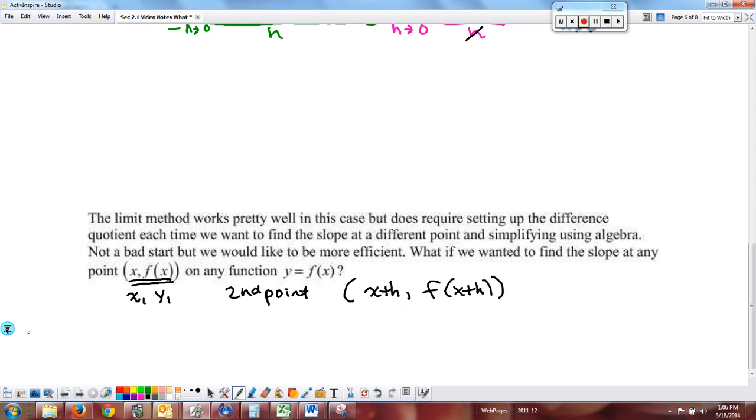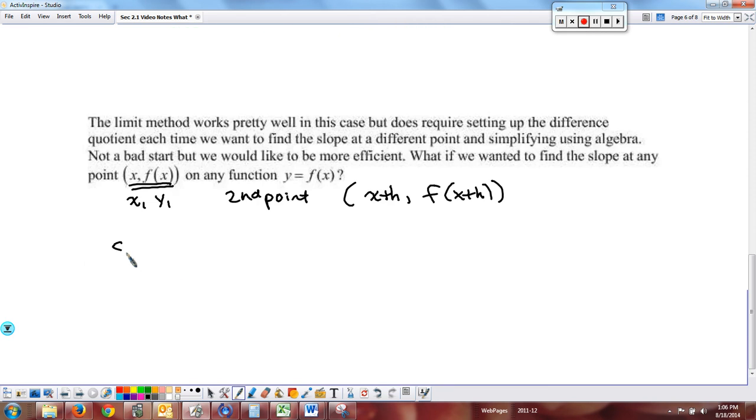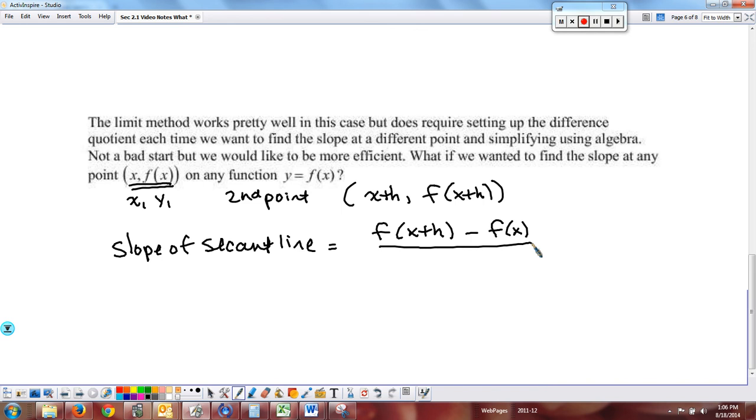So what we do for our difference quotient is our slope of the secant line is going to be your y2, f of x plus h, minus your y1, f of x, all over your x plus h minus your x. And just like before, this will simplify down to a more generic formula for the slope of your secant line, or your average rate of change: f of x plus h minus f of x all over h.